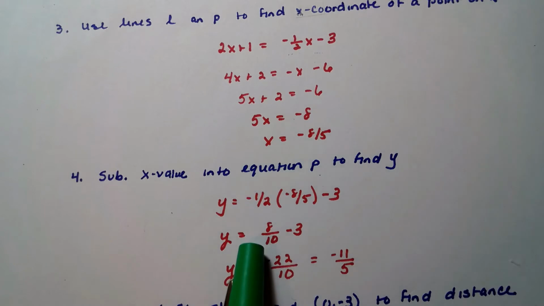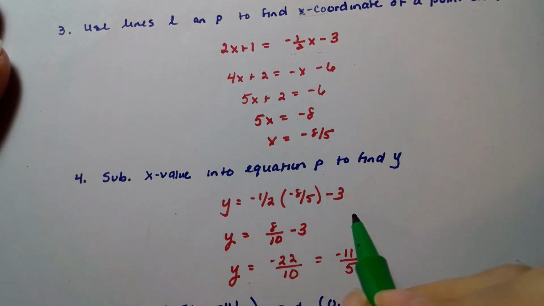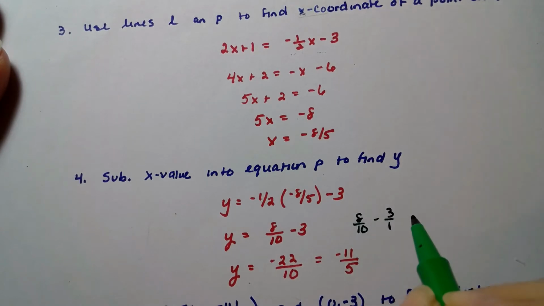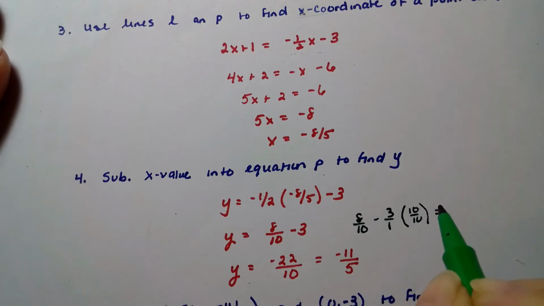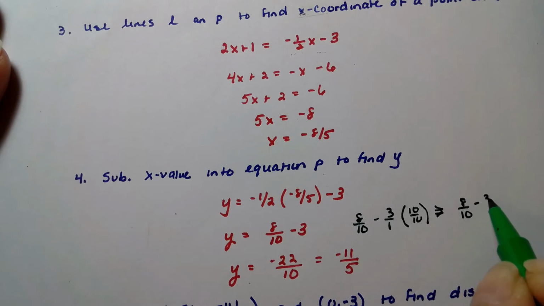I have to combine those now to get an improper fraction. So again, I have 8 over 10 minus 3 over 1. I can't subtract because the denominators are not the same. So if I multiply this fraction by 10 over 10, then that's going to give me 8 over 10 minus 30 over 10.